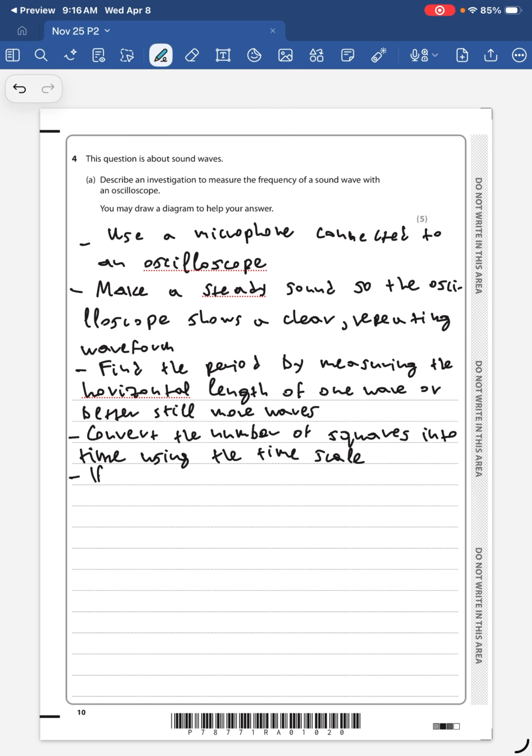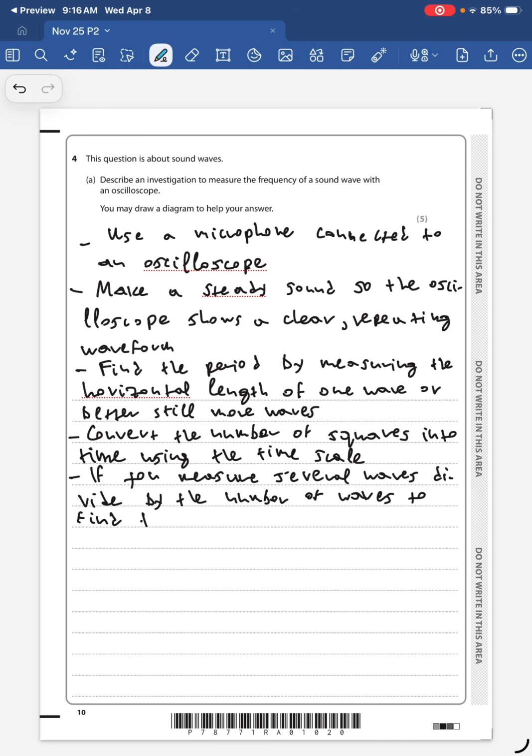If you measure several waves, divide by the number of waves to find the period. Then use frequency is equal to 1 over the period to calculate the frequency.